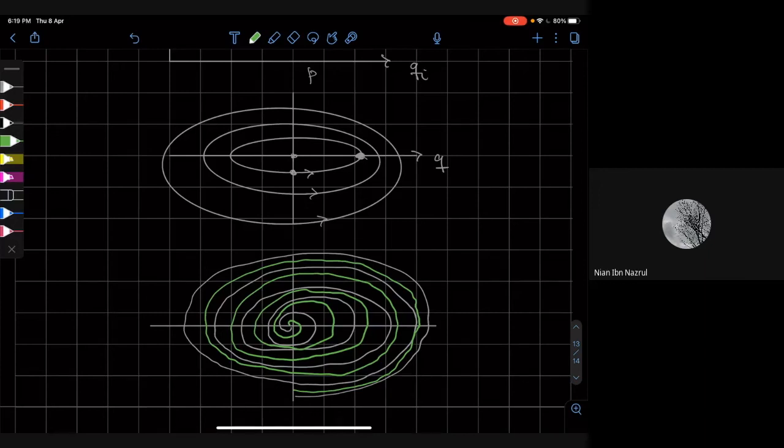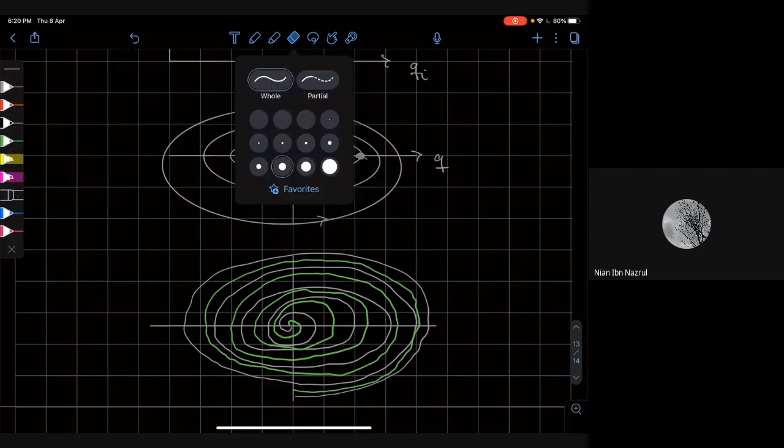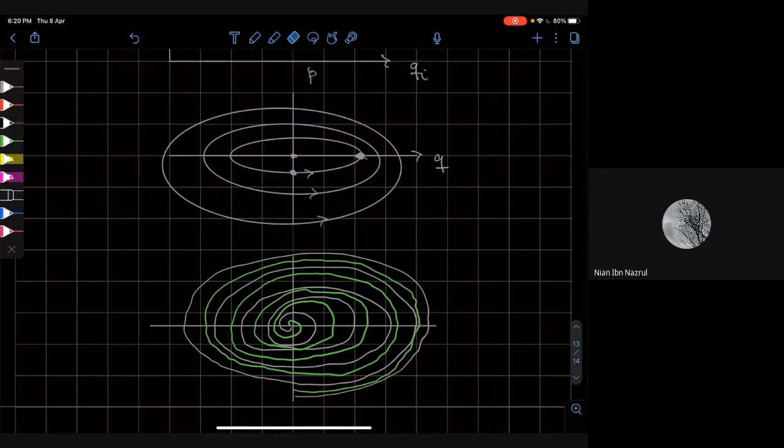Oh, I see what you mean. Yeah, that's a good point. So what Mian is saying is that if q is changing in the positive direction, then p should change in the positive direction as well. Yeah, I think I agree with you. That's very good.